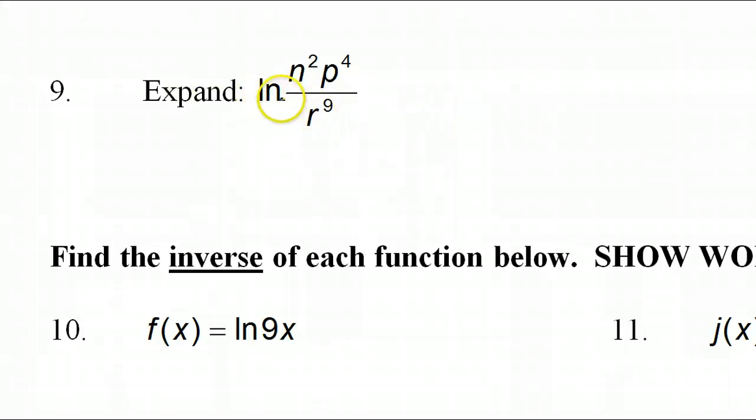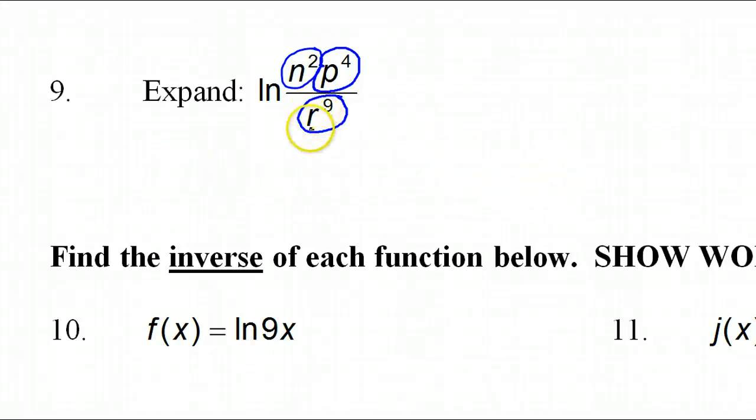Alright, so one more of these expand, condense things. This one we're expanding. Now check it out. There are 3 factors, and they will lead to 3 terms when we expand. There are 2 terms in the numerator and 1 term coming from the denominator. The 2 terms that come from the numerator will be positive. Factors in the numerator always give you a positive term in your expansion.